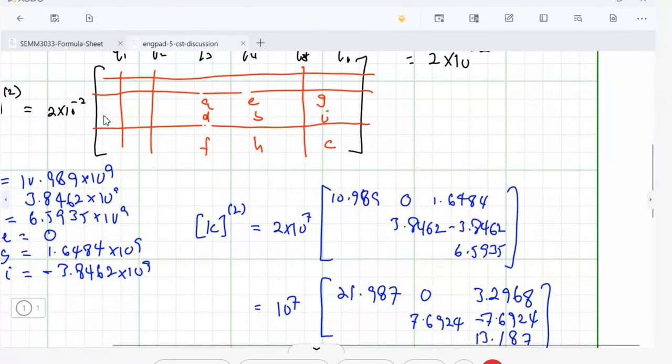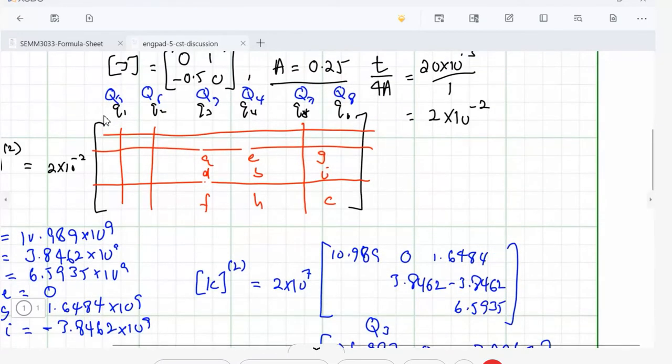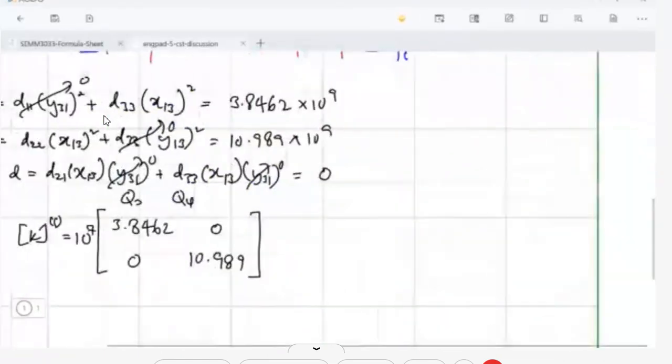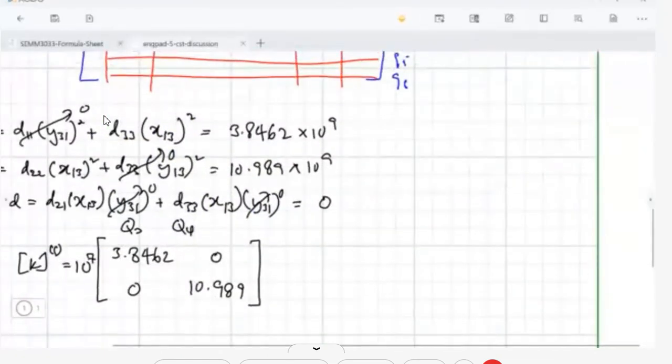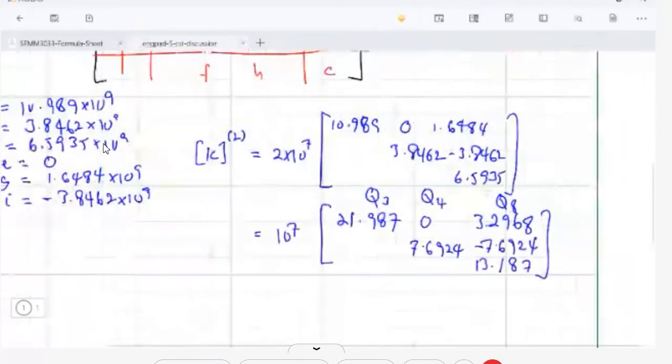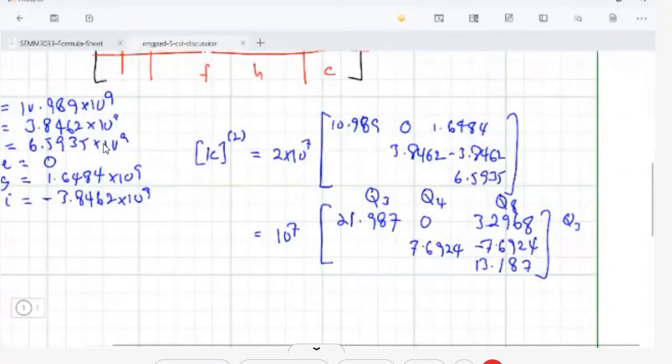So this is Q3, Q4, and Q8. Note that these 2 points, Q3 and Q4, are overlapping, because we have Q3, Q4 here. This one is Q3 and Q4, and this one is also Q3, Q4, and Q8.